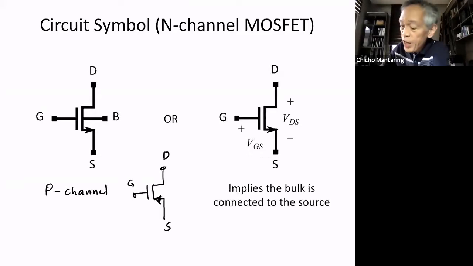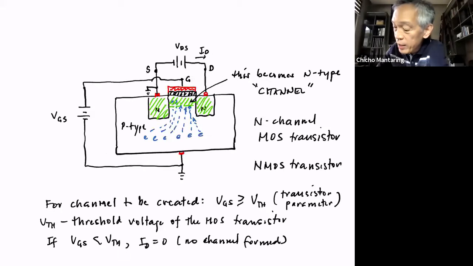For the P channel, the semiconductor is N-type, and the source and drain areas are P-type, and the channel becomes P-type. You're attracting positive charge carriers, but the voltages become reversed. It's pretty similar to the NPN and PNP transistor. You reverse the voltages, you reverse the directions of current.